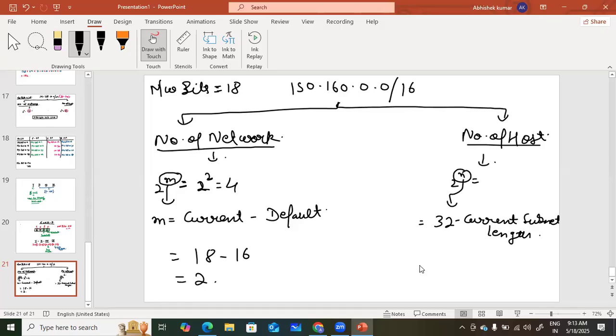Similarly, 32 minus current, 18, gives me 14. So 2 to the power 14 is something around, if I'm not wrong, 16,384.